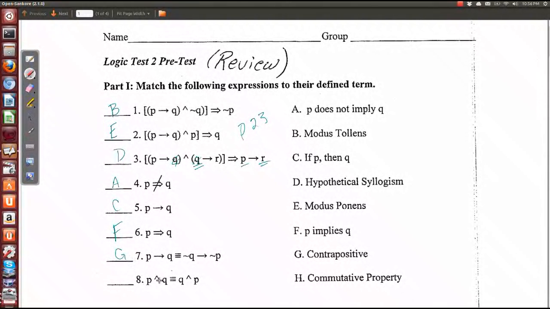And also the concept of if I take the two terms of a conjunction or a disjunction and exchange them, I am commuting them, and they have the same logical equivalent property. So this is our commutative property.